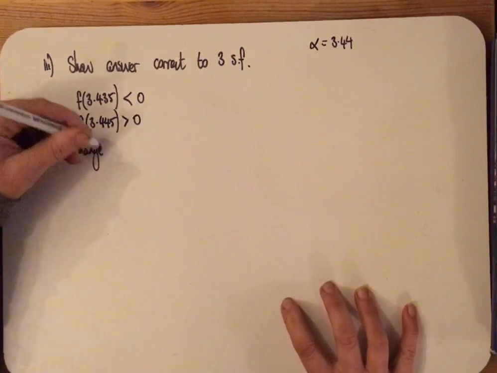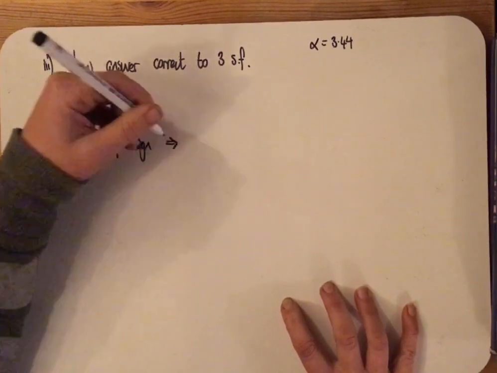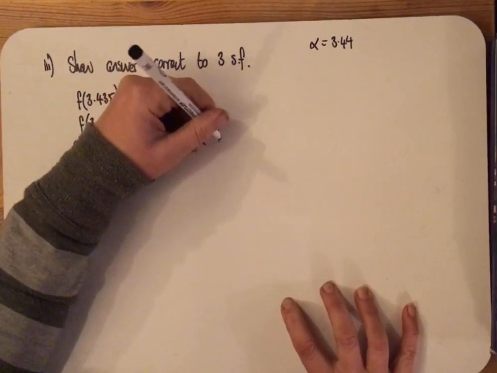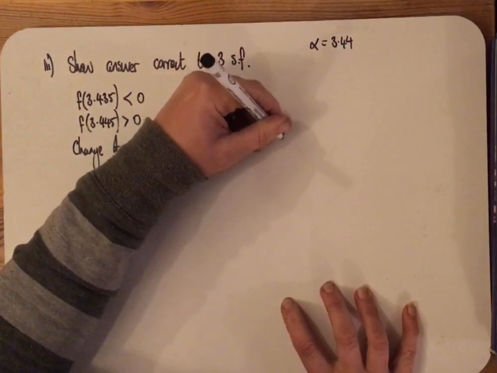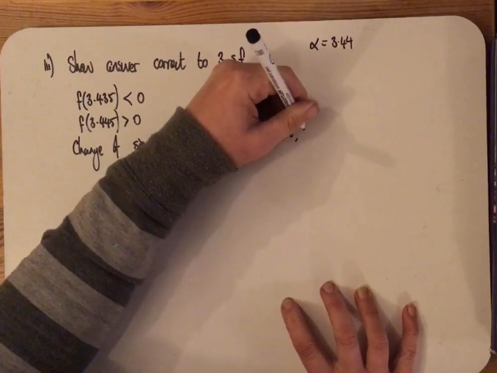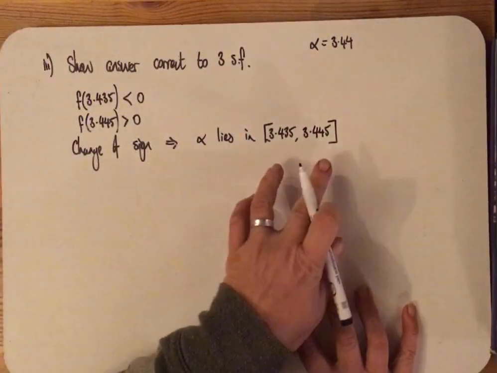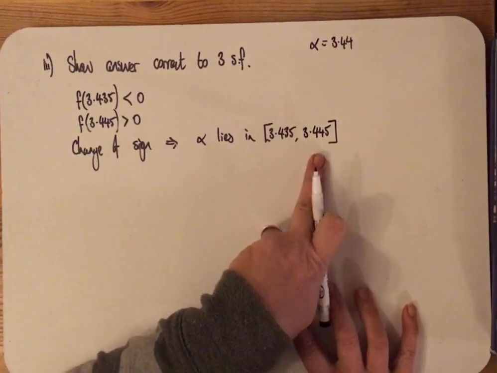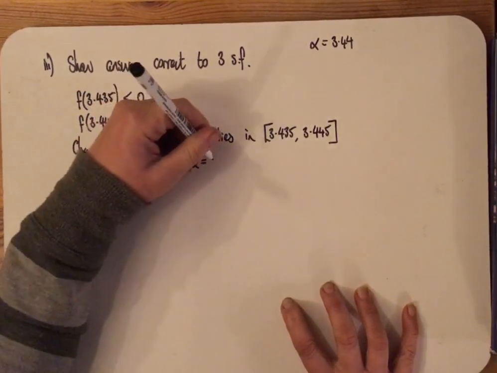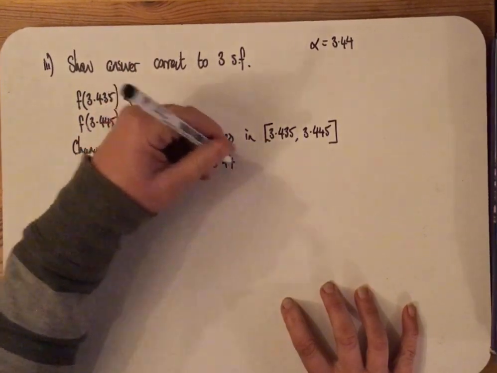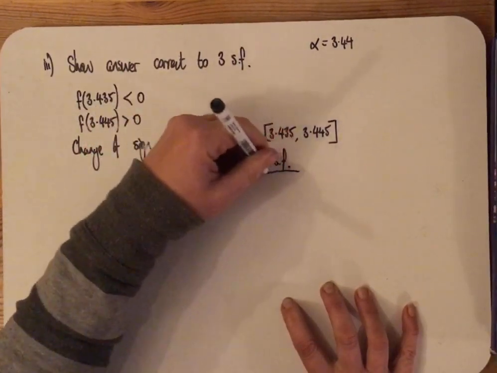So change of sign implies alpha lies in, and then interval notation. And if alpha is between 3.435 and 3.445, then alpha equals 3.44 to 3 sig fig.